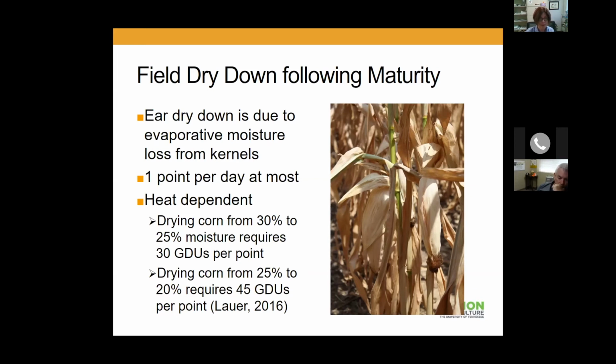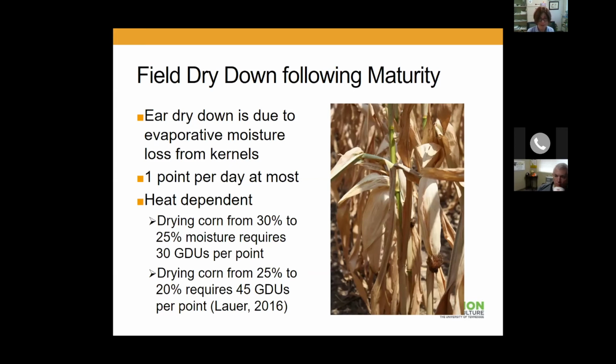Some specifics there about the number of heat units. If you're drying corn from very high moisture down to about a 25% level, it takes about 30 heat units per moisture point. Interestingly, as you get below 25 and work your way down that moisture scale, it actually takes a little bit more heat units to bring that moisture down a point.